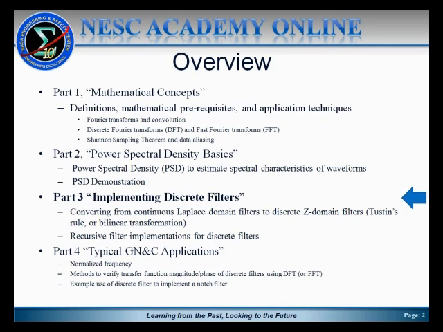In today's Part 3 presentation, entitled Implementing Discrete Filters, we'll discuss converting from continuous Laplace domain filters to their discrete domain, Z-domain filter counterparts using what's referred to as Tustin's rule or the bilinear transformation.